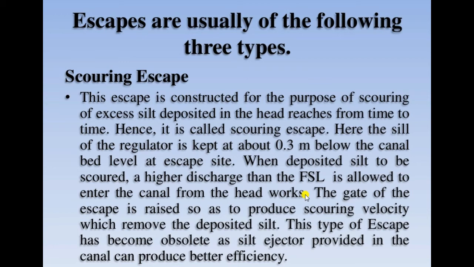When the deposited silt is to be scoured, a higher discharge than the FSL is allowed to enter the canal from the headworks, and the gate of the escape is raised so as to produce scouring velocity which removes the deposited silt. This type of escape has become obsolete as a silt ejector is provided in the canal, which can produce better efficiency.